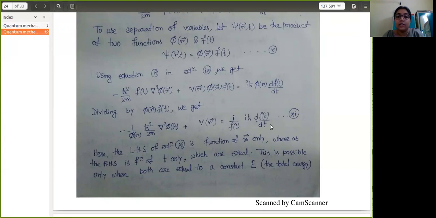And both r and t are independent of each other. And we are getting them equal, which means that they are equal to constants. So I can write the left hand side equal to some constant and the right hand side equal to the same constant. This is possible only when both are equal to a constant E. E will be nothing but the total energy, as you see from the dimensions.